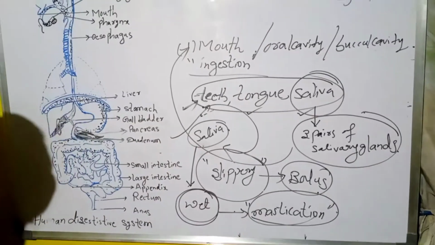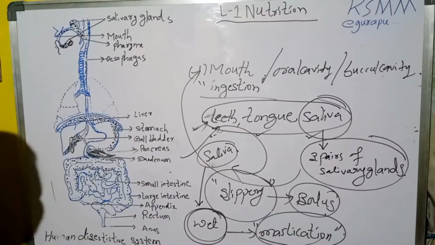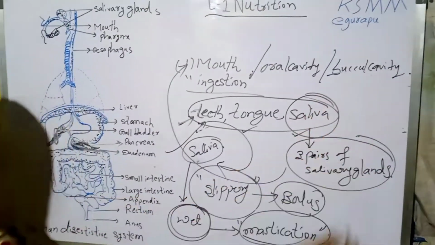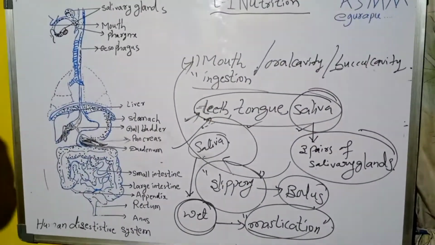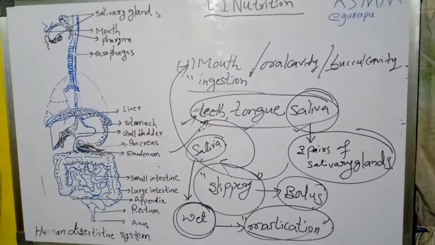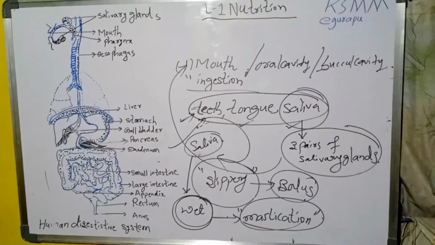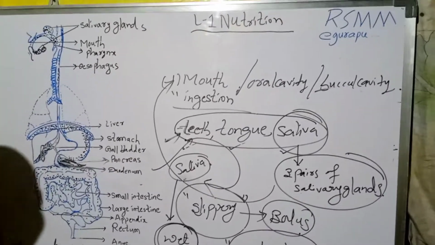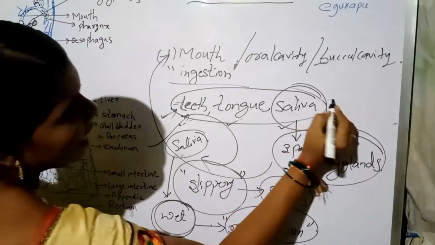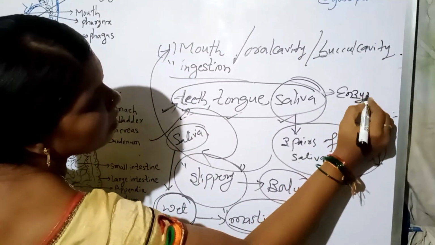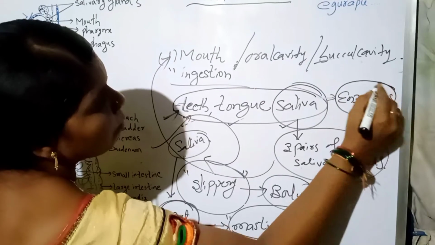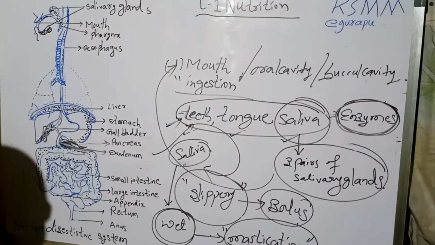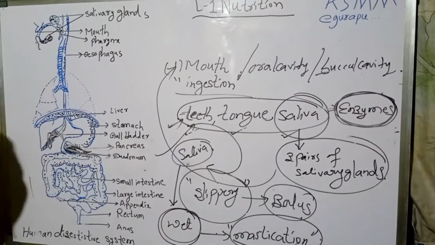Saliva plays a major role in the buccal cavity. Saliva contains large amounts of water and small amounts of salt and mucus, and mainly contains enzymes like amylase or ptyalin.